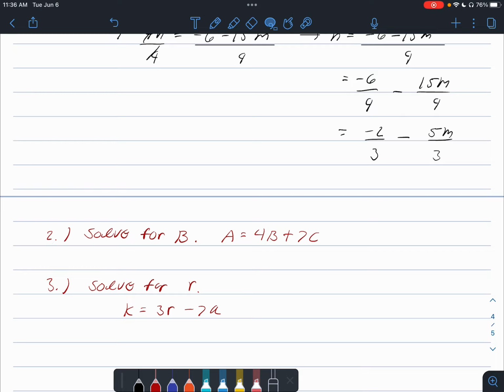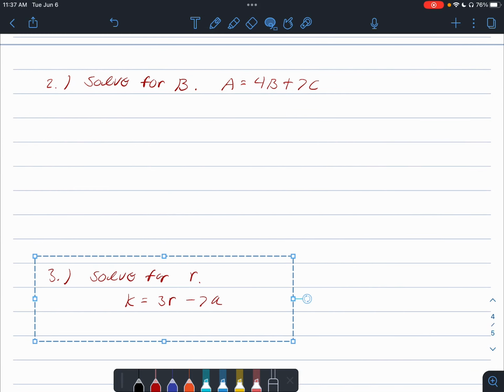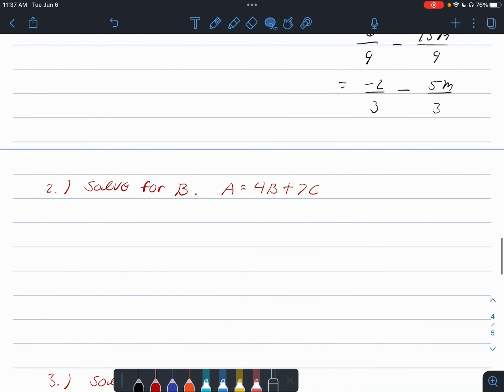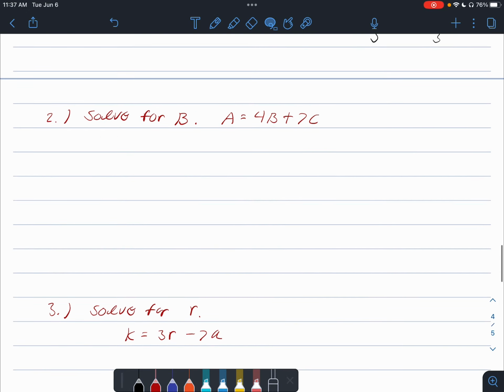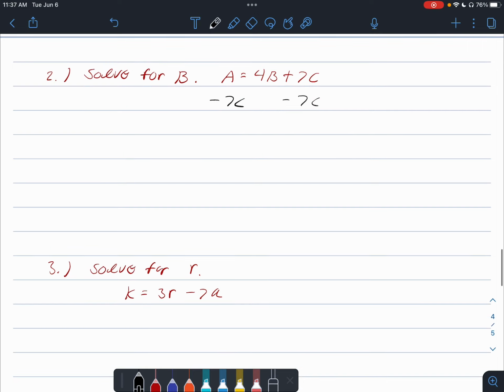Okay, so let's go ahead and take a look at this next example. Sorry, I didn't space these out very well. Here, we're going to try and solve for the variable b. In this situation, again, we want to try and isolate b all by itself on one side of the equation. So to do this, we can start by subtracting 7c from both sides of the equation.